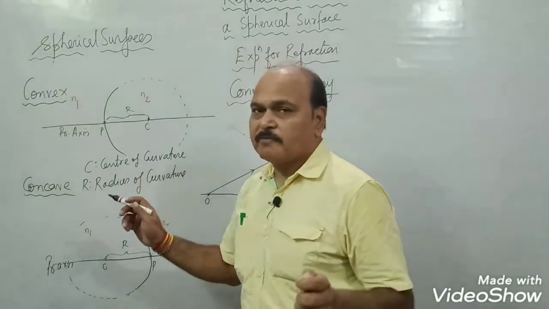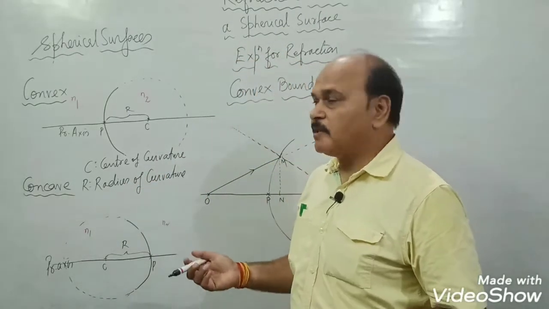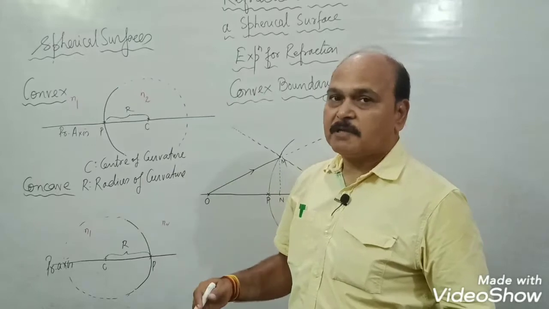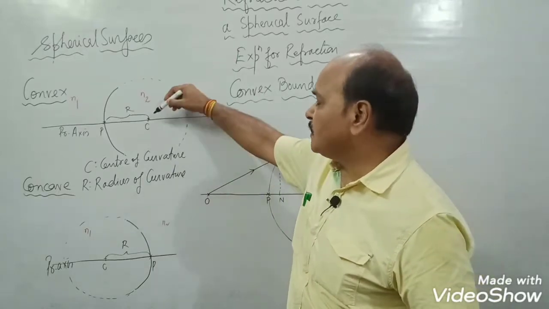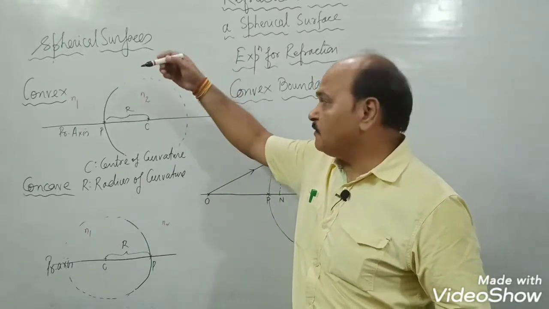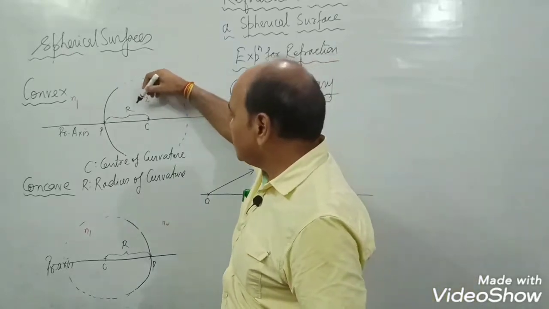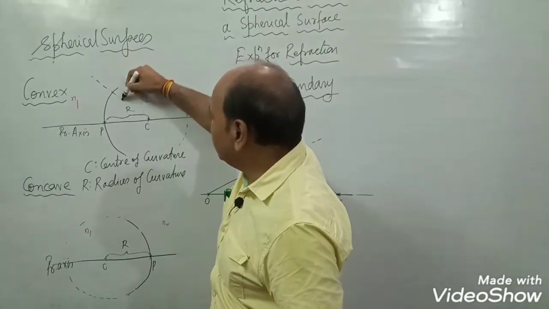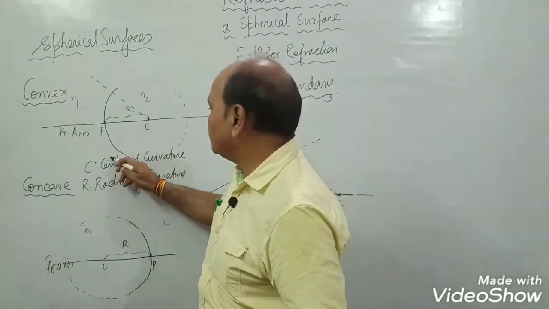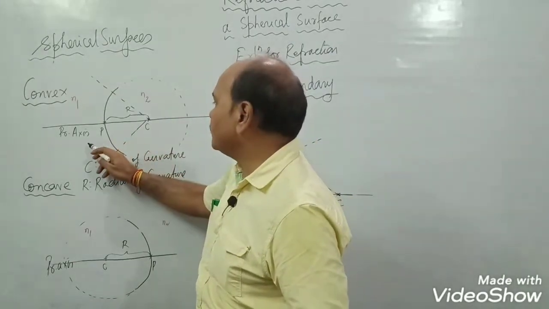So these are some very important key points with regard to refraction. Any line which passes through the center of curvature is always normal to the surface of a sphere. All these are normals. Why?